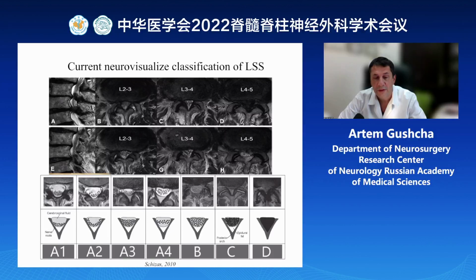This is a classification based on the relationship between the neurostructures and liquor, depending on the level and the severity of compression of the neurostructure, the neural root in the lumbar canal. The level of stenosis is subdivided into 7 degrees.